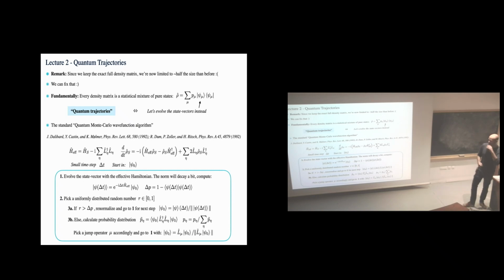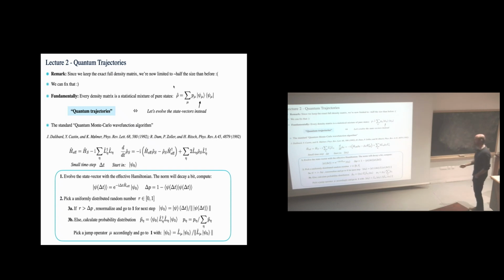So the problem is that we kept the whole state of the system in the form of this full density matrix. But sometimes this can be overkill, because maybe we don't even need to store all of the elements of the density matrix. The starting point to understand how to exploit this is realizing that any density matrix can be written as a statistical mixture of pure states.